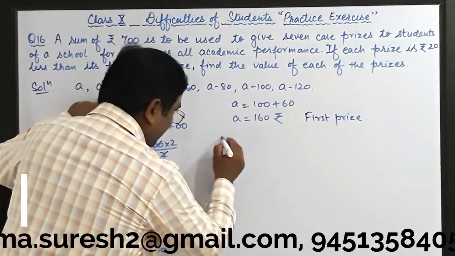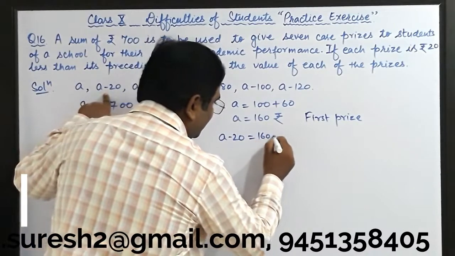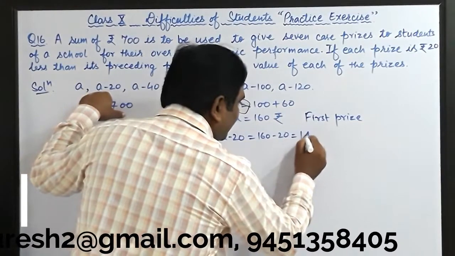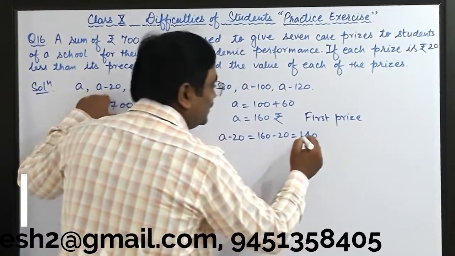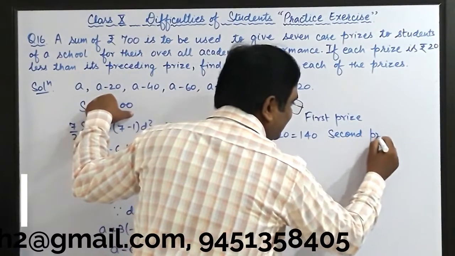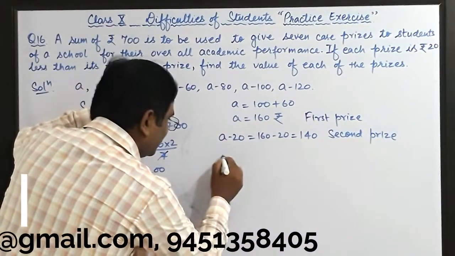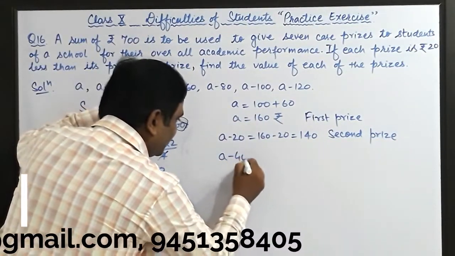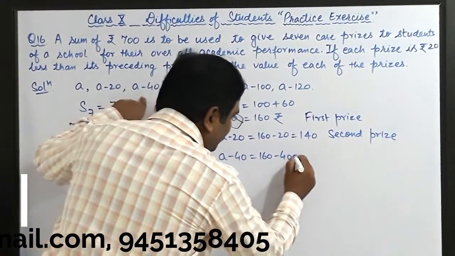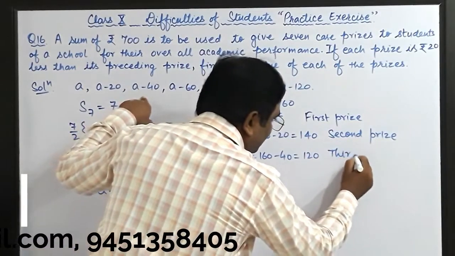Second prize is A minus 20, means 160 minus 20, which is equals to 140 rupees. It is the second prize, right? Similarly third prize, which is A minus 40, that is 160 minus 40 becomes 120 rupees is the third prize.